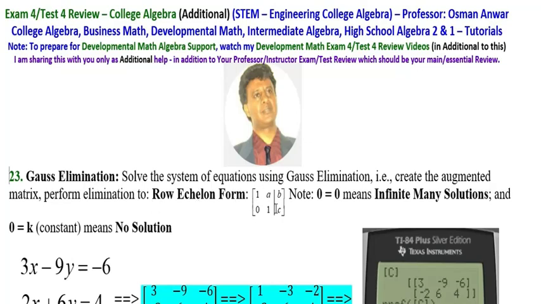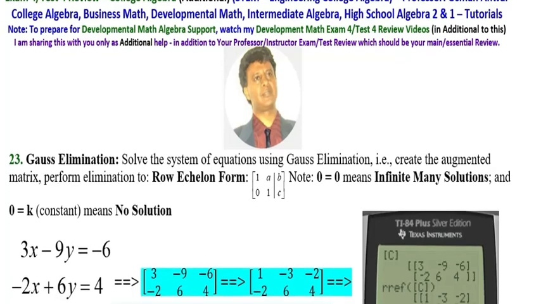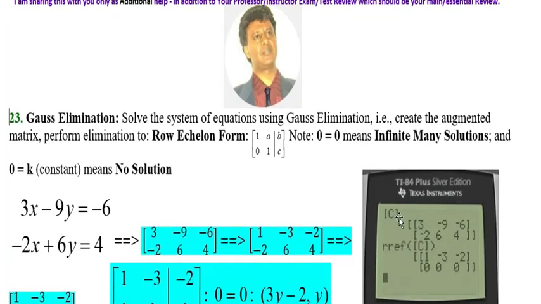Number 23, we did Gauss elimination, row echelon form, which is 1 in the diagonal, 0 below the diagonal, some number above the diagonal, A, and augmented with B, C. So we create a matrix called C, 3, minus 2 for X, minus 9, 6 for Y, augmented with minus 6, 4.